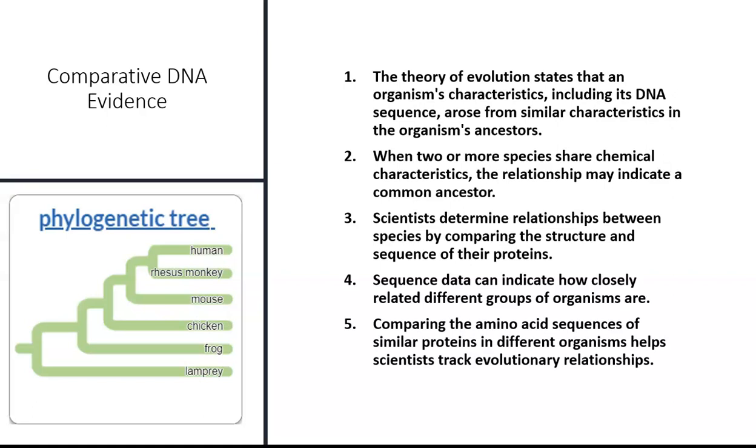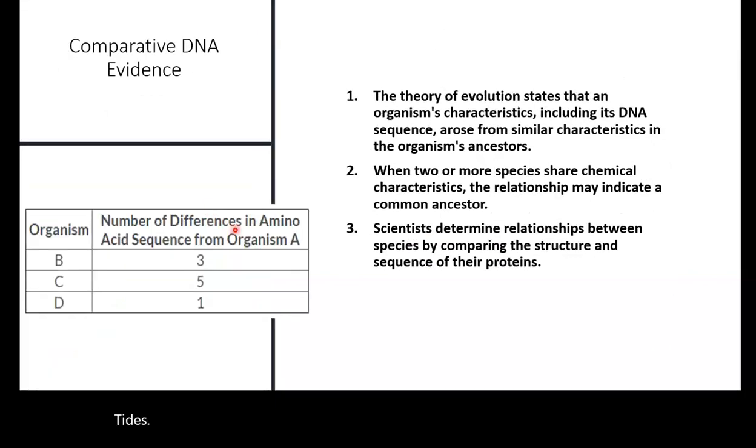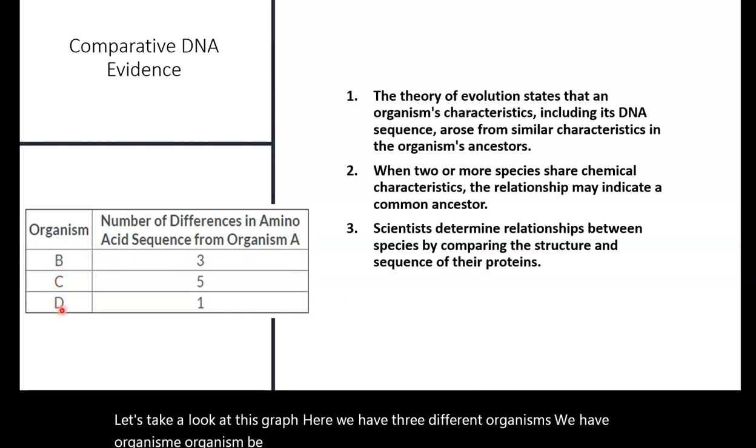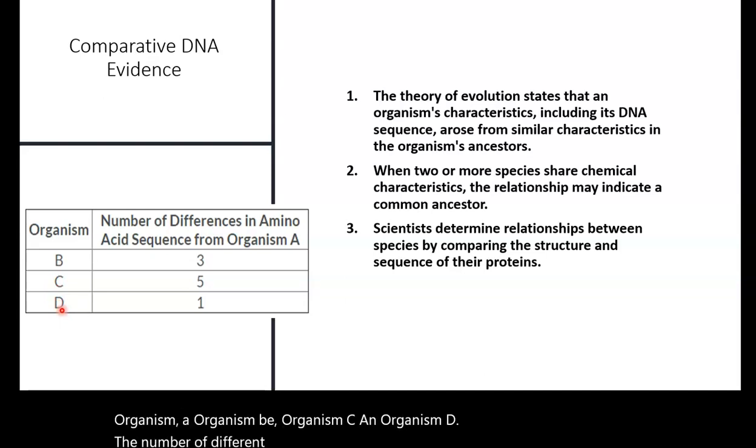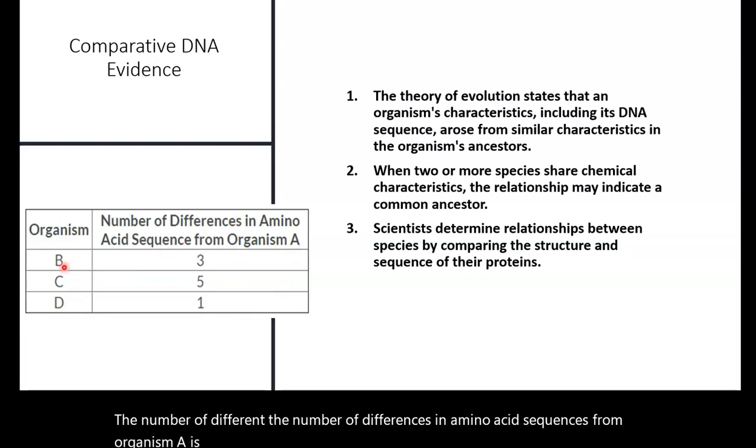So I want to go back 2 slides. Look at this graph here. We have organism A, organism B, organism C, and organism D. The number of differences in amino acid sequences from organism A is this column. So in other words, B has 3 amino acid sequence differences.